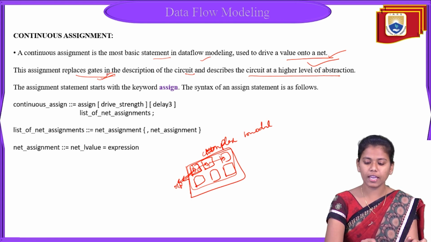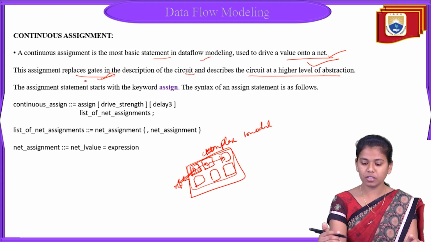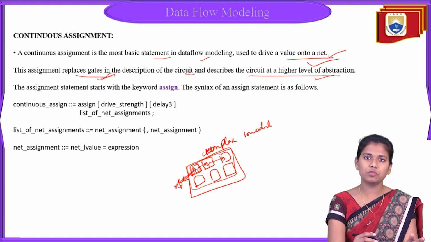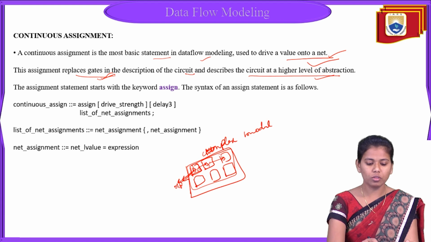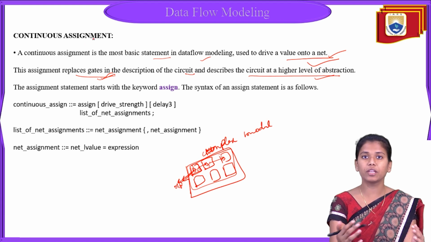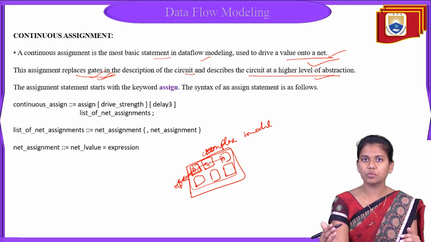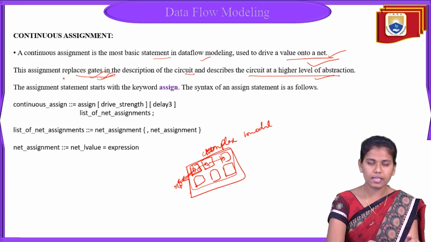The continuous assignment replaces the gates in that circuit description, and in order to achieve a higher level of abstraction, rather than gates, we can go for data flow modeling. To make the process easier, the continuous assignment statement can replace the gates. And coming to the third point, the assignment statements start with the keyword assign.